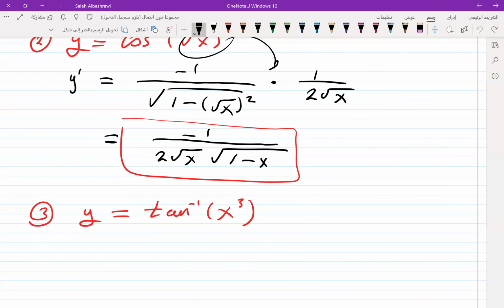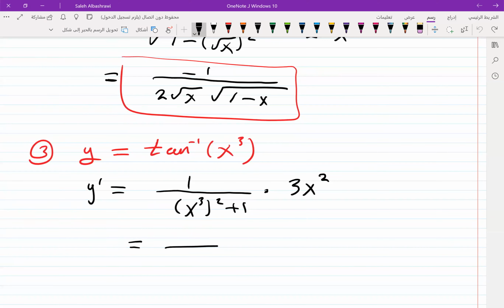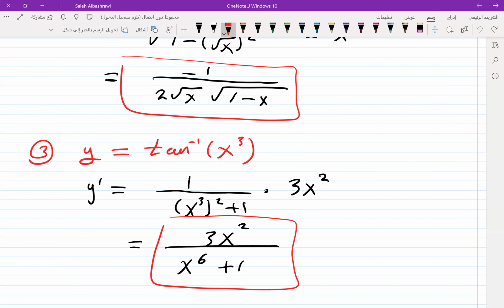The derivative will be y prime equal to, for the tan inverse, it is 1 over 1 plus the angle, which is x to the power 3, all to the power 2, multiplied by the derivative of the angle, which is 3x squared. So it can be simply written as 3x squared divided by x to the power 6 plus 1. This is the derivative of this function.